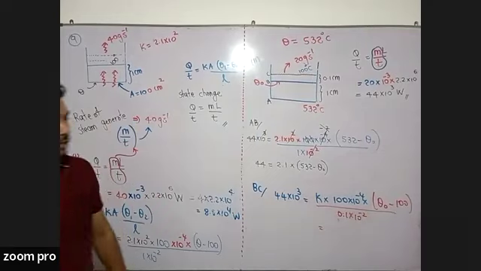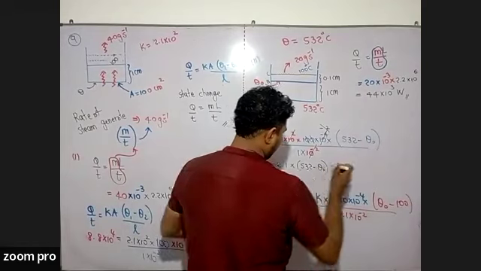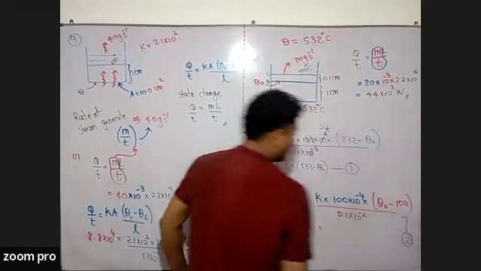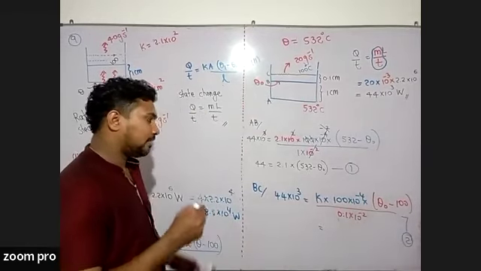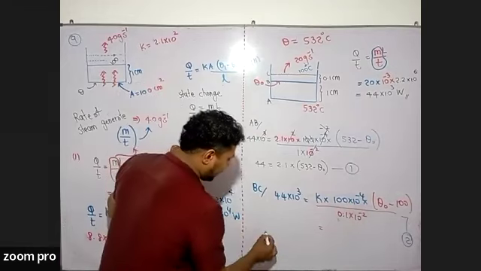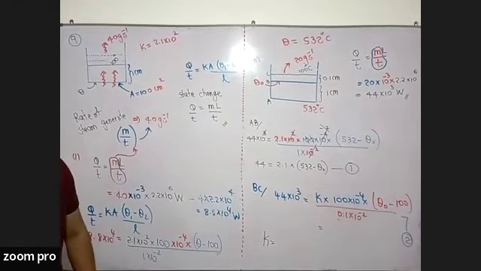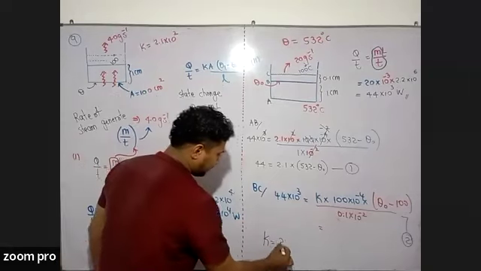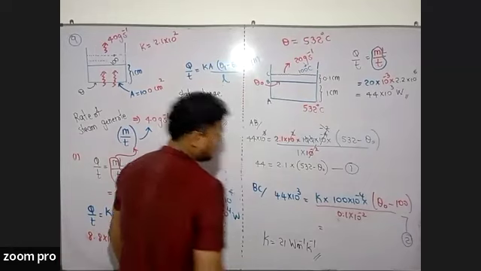So likewise, we can derive two expressions. By simplifying these values, we can obtain the answer for the K, right? So the K should be equal to 21 watt per meter per Kelvin.